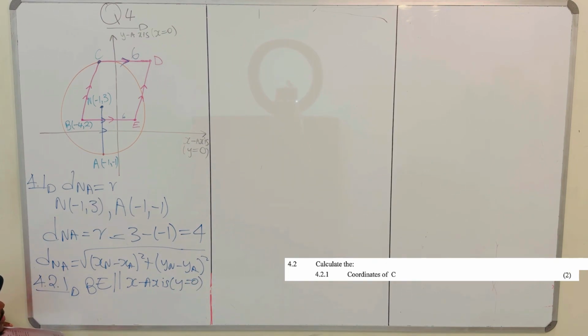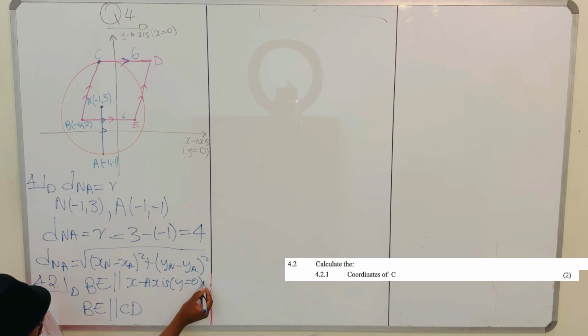The same thing. And you know that your BE is parallel to your CD because you have a parallelogram. So this you were told. This you know because you have a parallelogram.